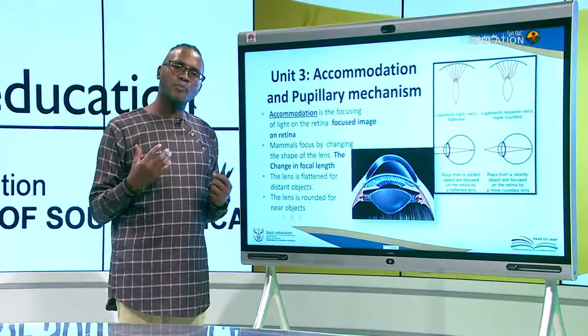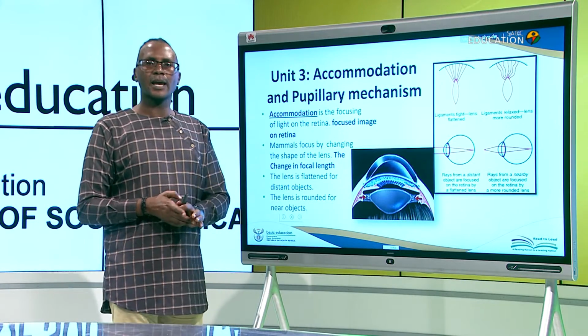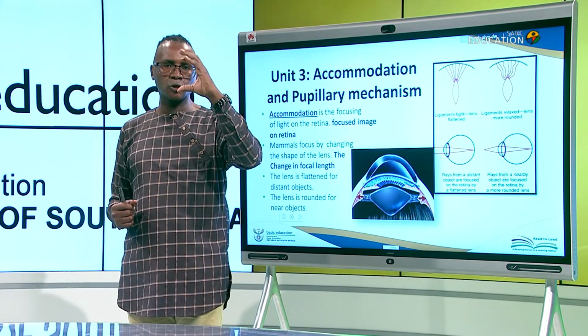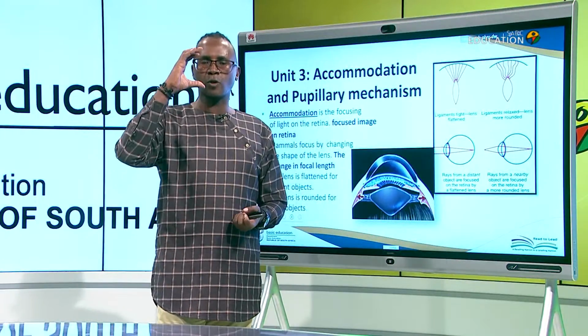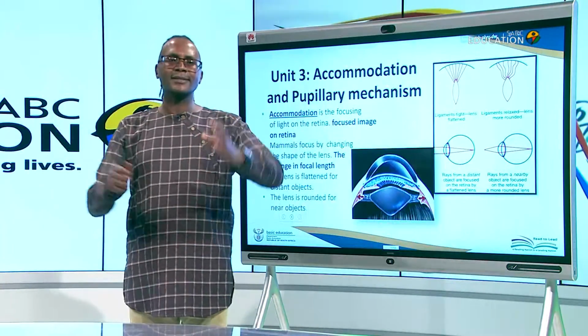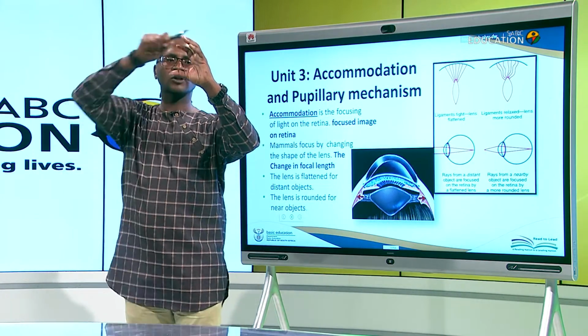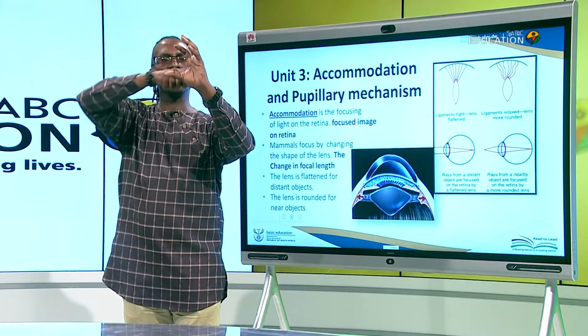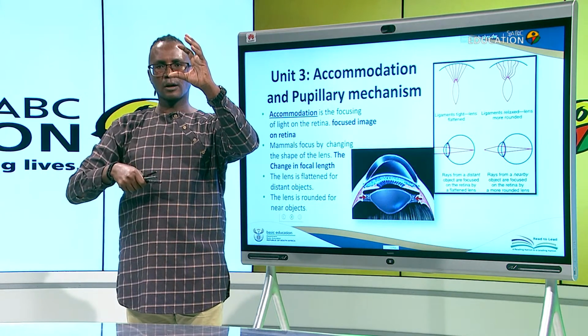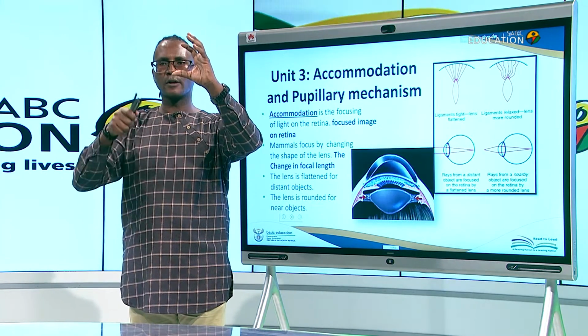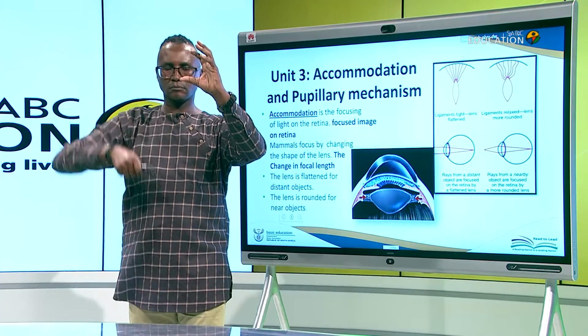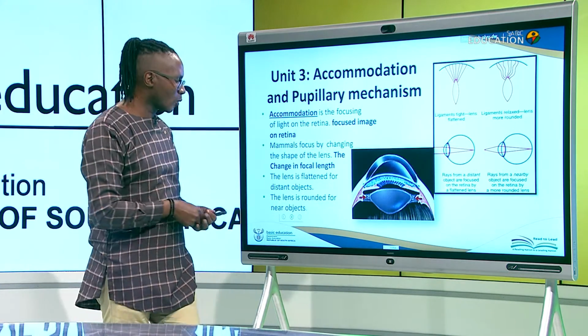So it's very important that you know this is concave and this is convex. If the light strikes this side, it's concave, so the image this side will be longer. We'll look at that.